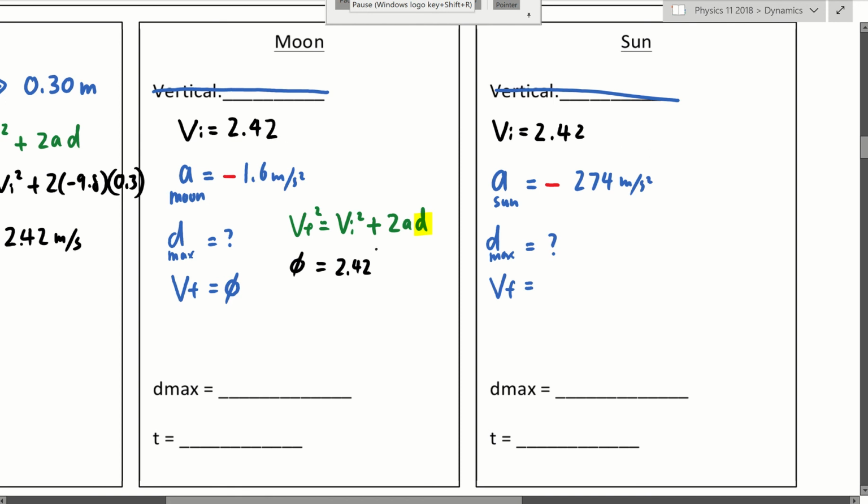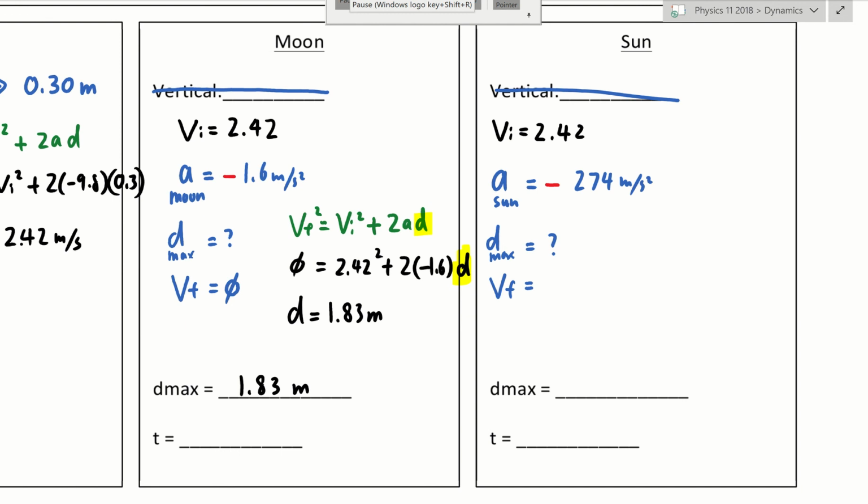Okay, and square that. 2A, so 1.6, and D. So we're looking for D. Okay, some algebra later, D would be 1.83 meter.